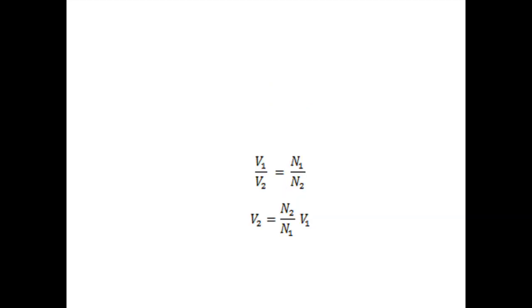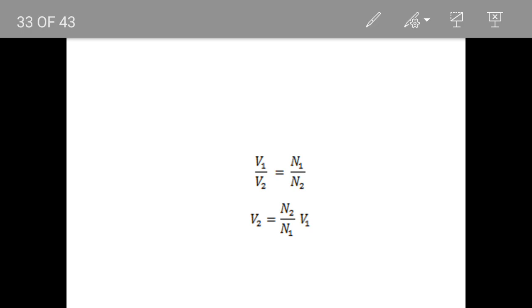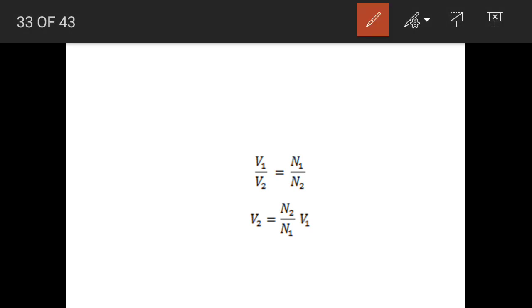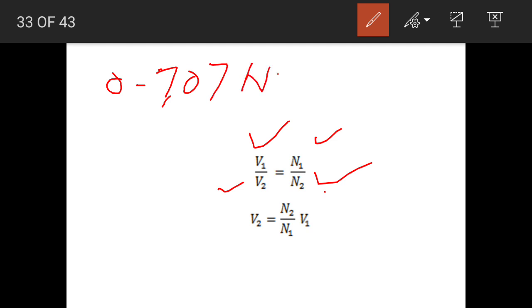Now what we do, if we divide V1 by V2, we get N1 by N2, right? This is your homework. Just divide V1 by V2. So what is V1? V1 is 0.707 N1 omega phi m.